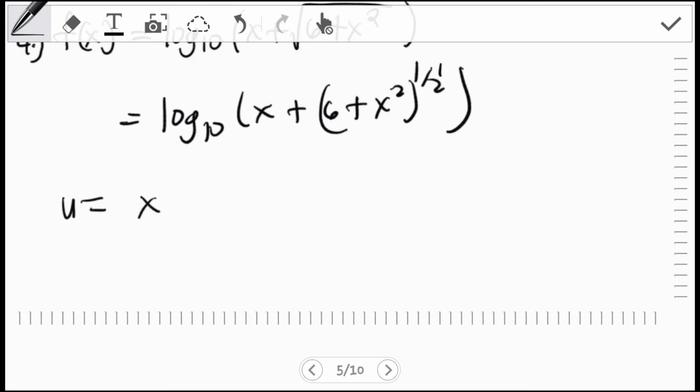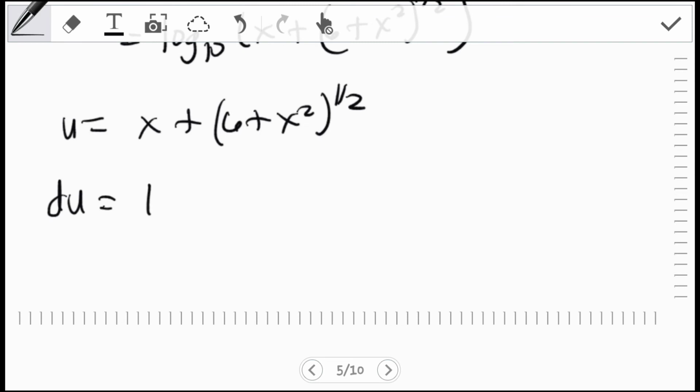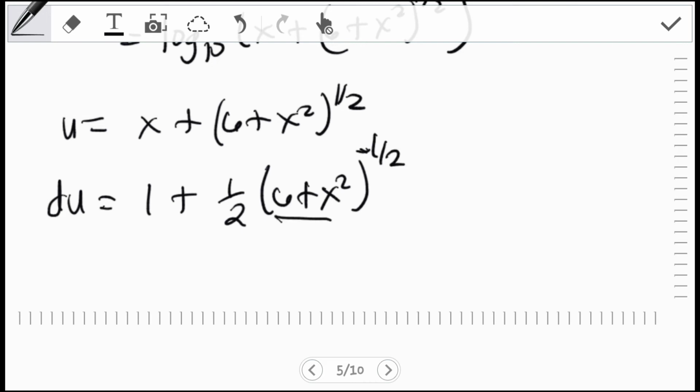Then du over dx is 1 plus 1/2 times 6 plus x squared to the power 1/2 minus 1, that is negative 1/2. The derivative of 6 plus x squared is 2x.